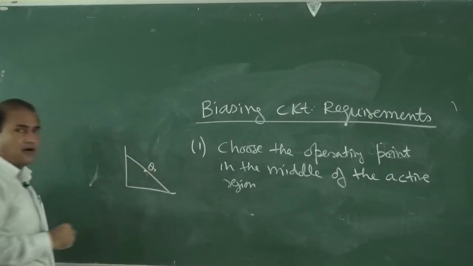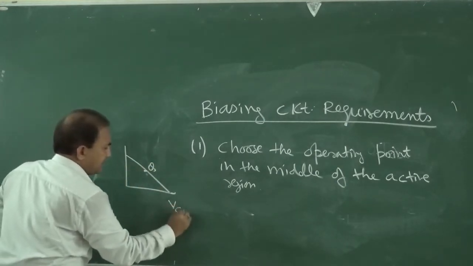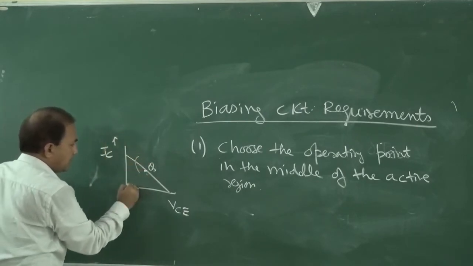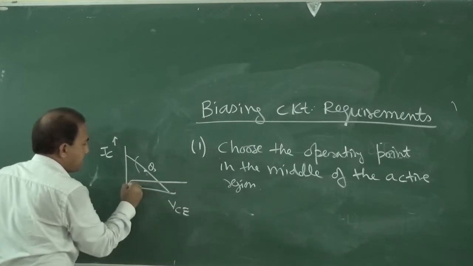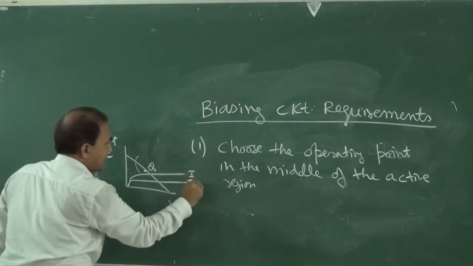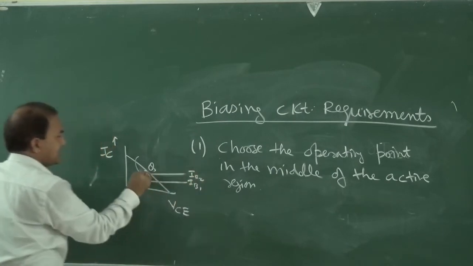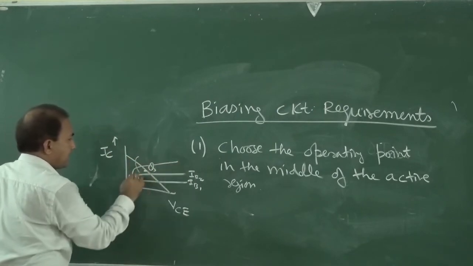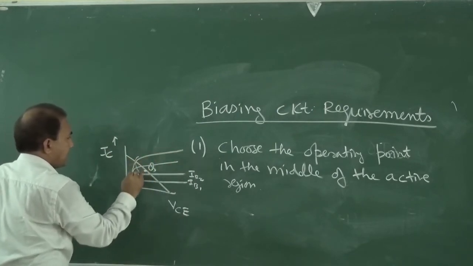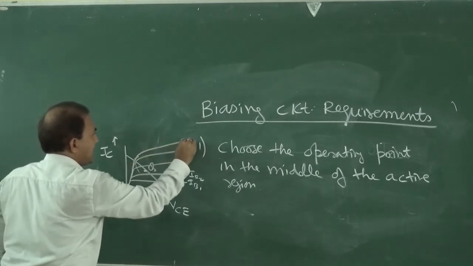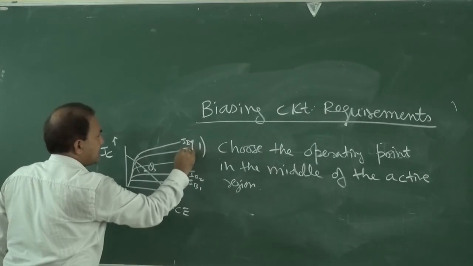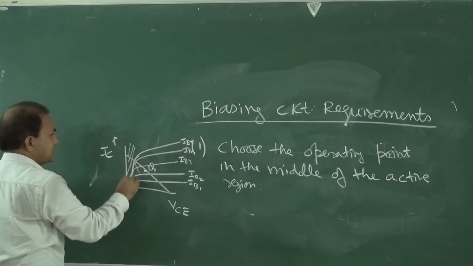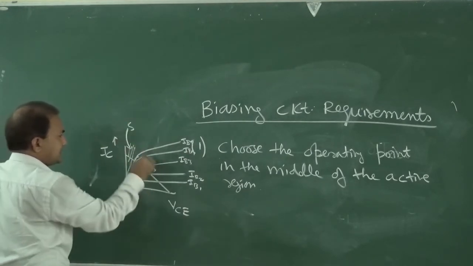Suppose this is the operating point, and this is VCE versus IC. This is IB1, IB2, like this, and suppose this is IB5, this is IB4, this is IB3. This is the saturation region, this is the active region.